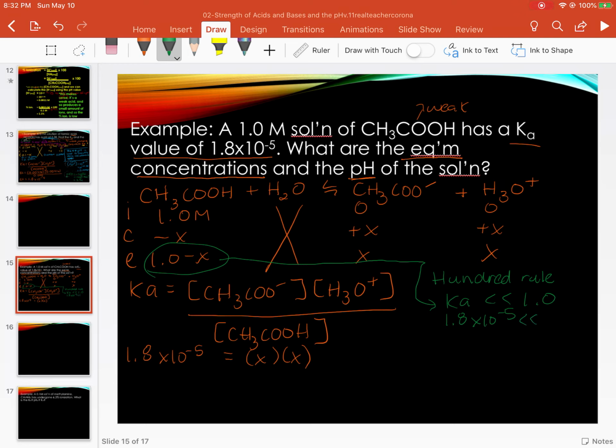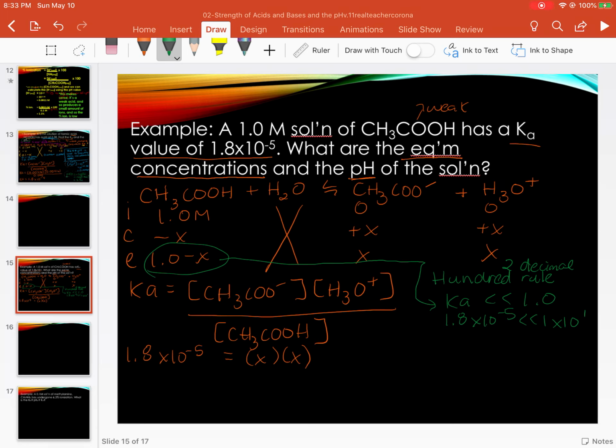You can rewrite 1 as 1 times 10 to the power of 1, which is at least 4 decimal places difference, even 5 decimal places difference. All we need for the 100 rule is 2 decimal places. And like I said, your textbook in this section uses the 100 rule when it shouldn't.